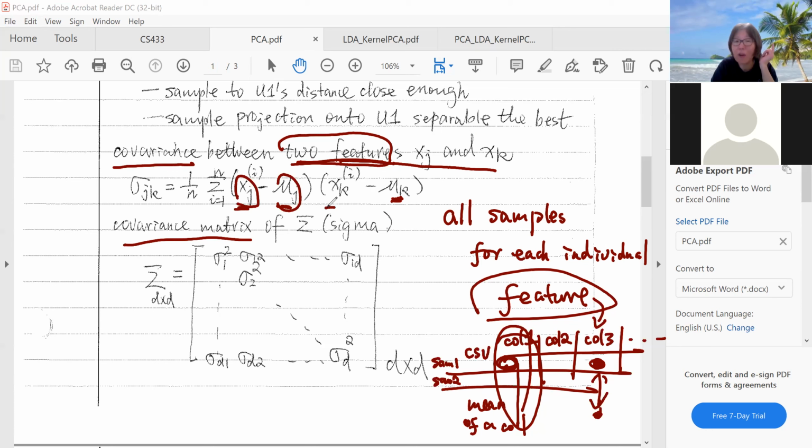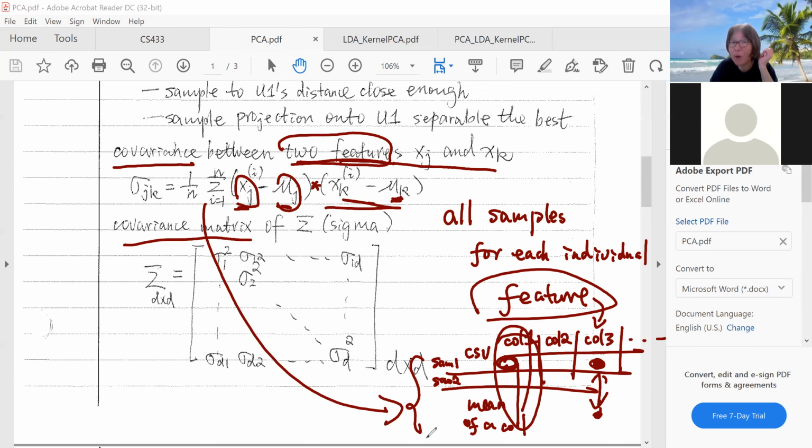So you multiply them together, then this is called covariance. And then you add all of them, so this sigma is regarding all samples. Then you can find the covariance between these two columns, those two features. Okay, so this is called covariance.